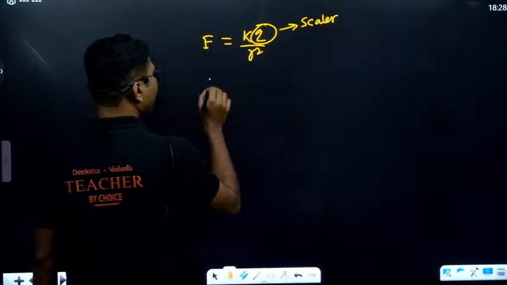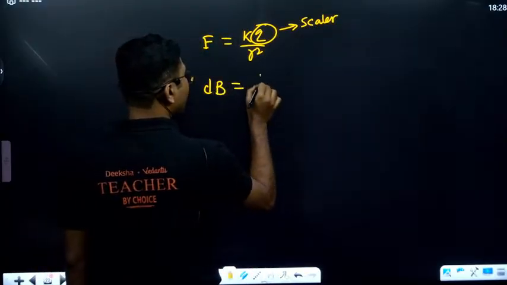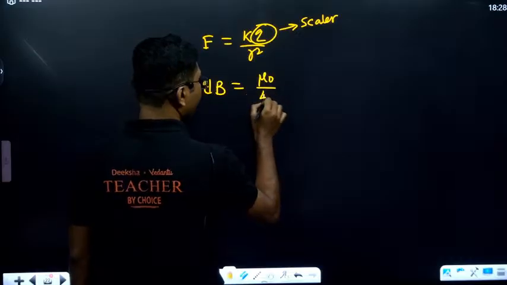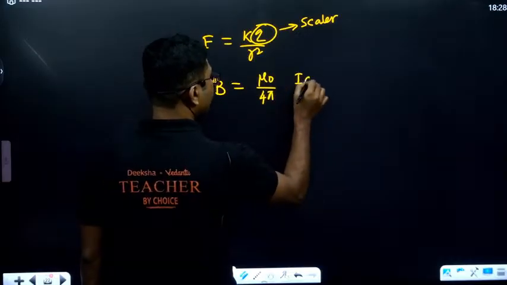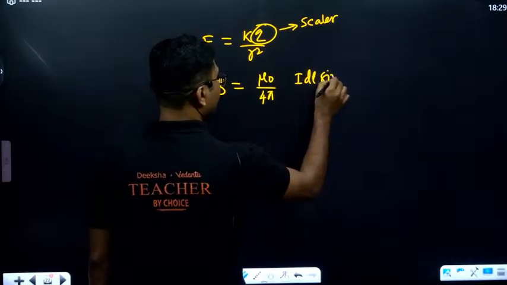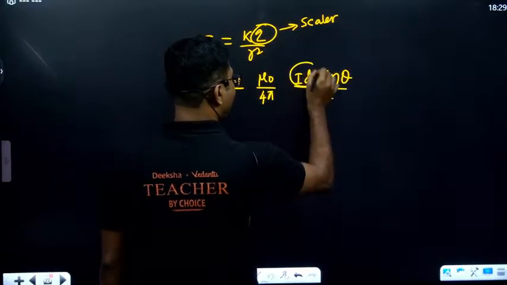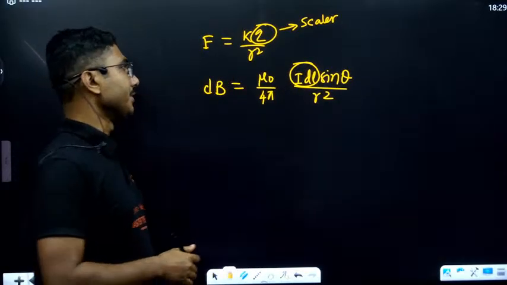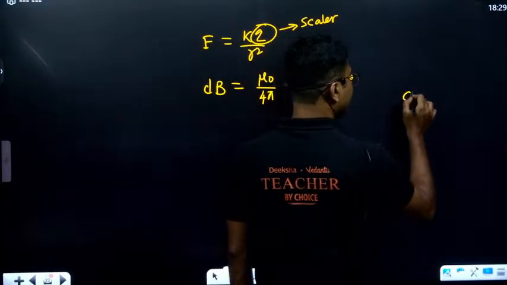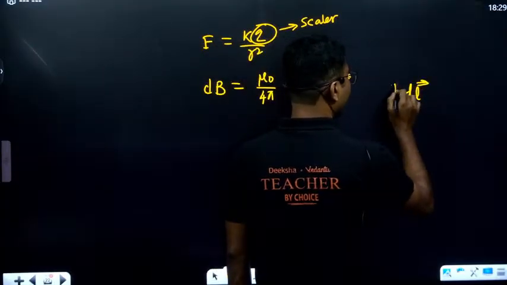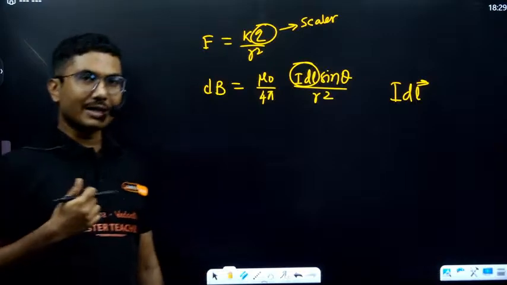Now Biot-Savart's law tells us the magnetic field is given by mu naught by 4 pi, I dl sin theta, divided by r square. Here this I dl is actually a vector quantity. dl is a length, a vector quantity, and when you multiply it with I, it is called the current element.